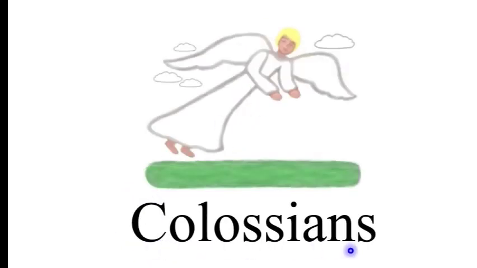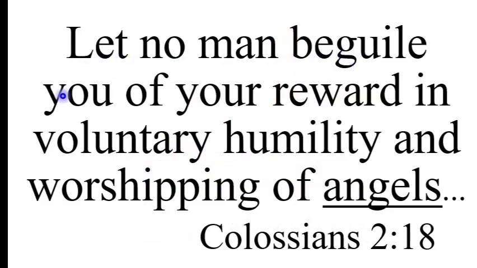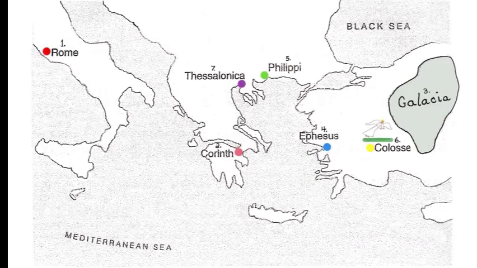The icon for Colossians is an angel with 4 clouds over the land, because the Bible says, "Let no man beguile you of your reward in voluntary humility and worshiping of angels." Colossians 2:18.